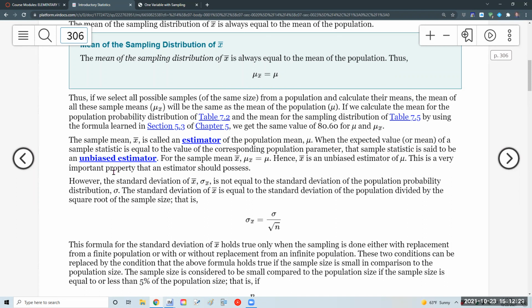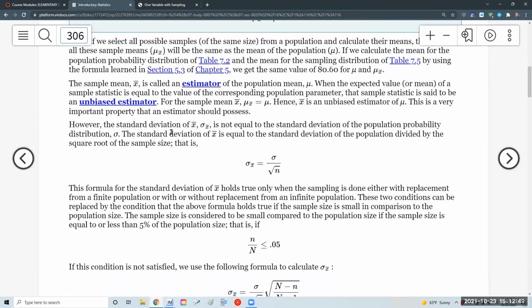So whenever this mean is equal to that mean, you're getting what's called an unbiased estimator. So X bar is called an unbiased estimator of mu.